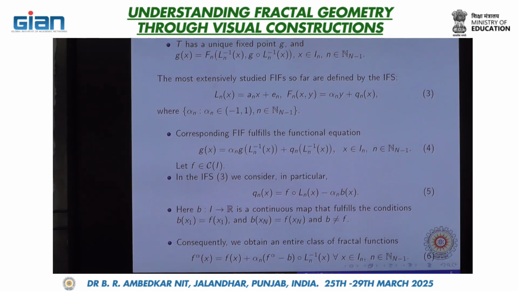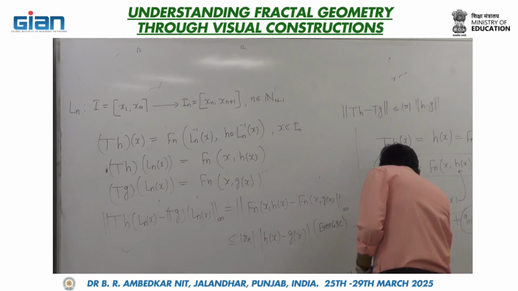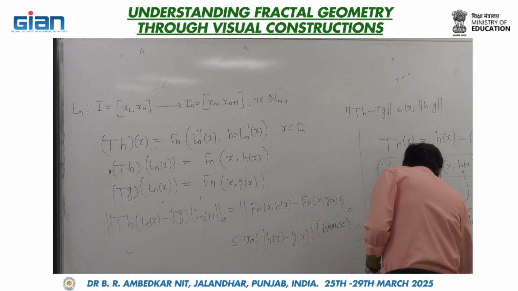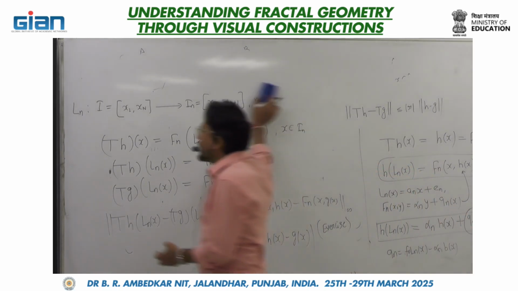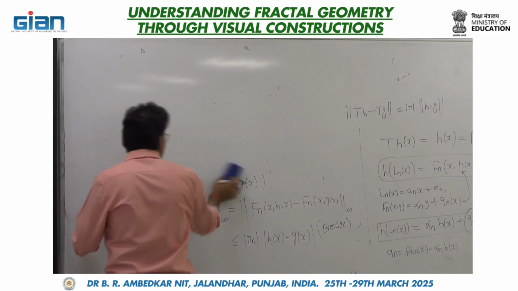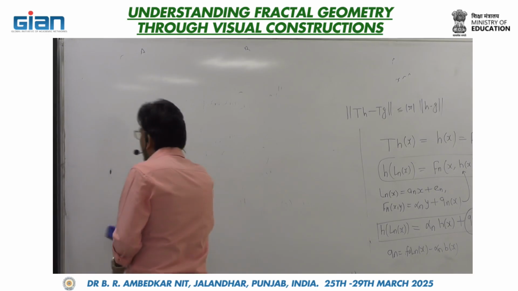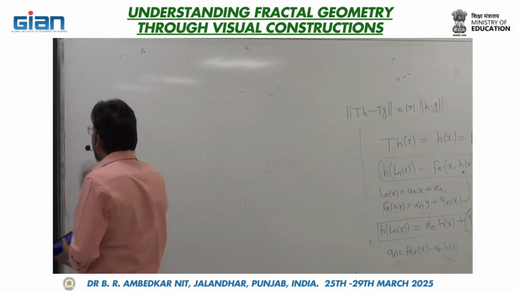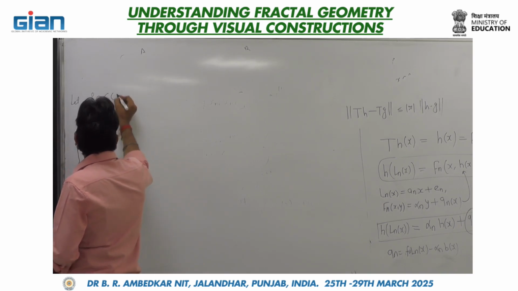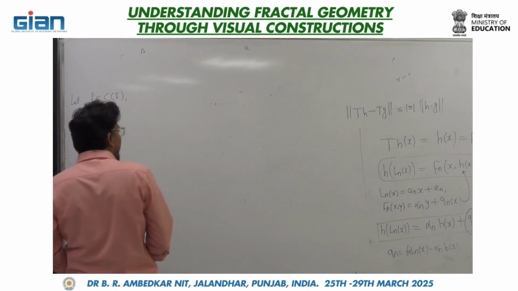Before that, let f belong to C(I), and take qn as f(Ln(x)) minus alpha n b(x).